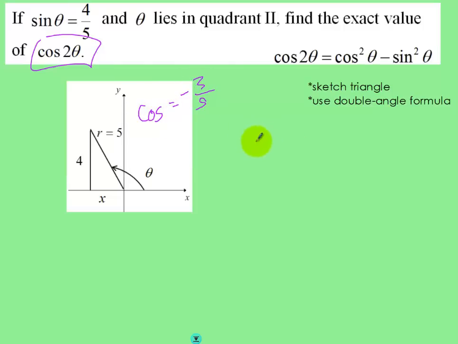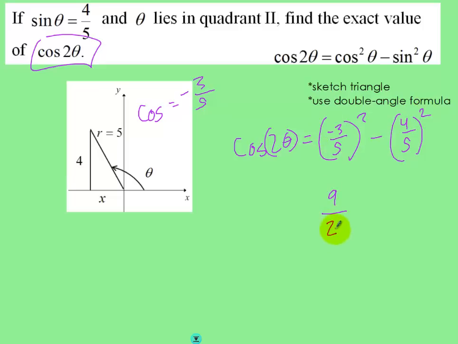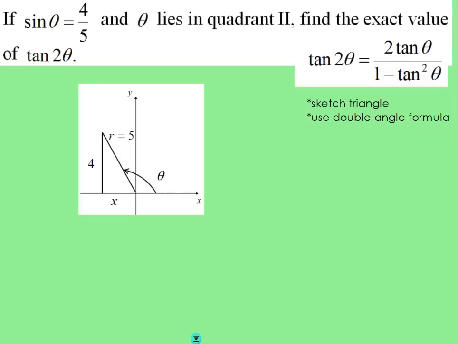Plugging that in, cosine of 2 theta equals negative 3/5 squared minus 4/5 squared. That's 9/25 minus 16/25, which is negative 7/25. There's your answer.